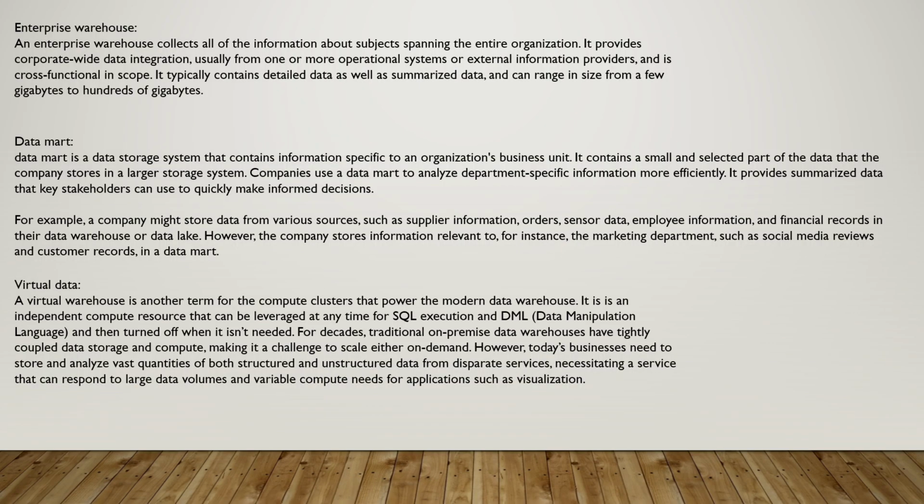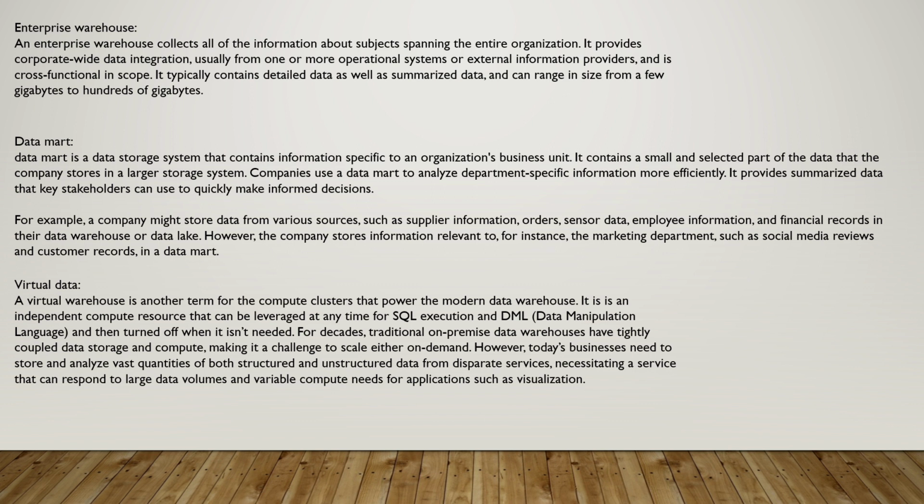Third one is the virtual warehouse. Virtual warehouse is another term for the computer cluster that powers the modern data warehouse. It is an independent compute resource that can be leveraged at any time for SQL execution and DML, that is, data manipulation language.